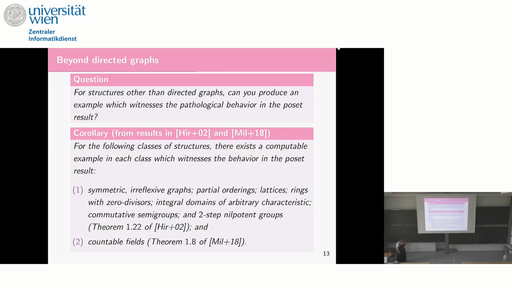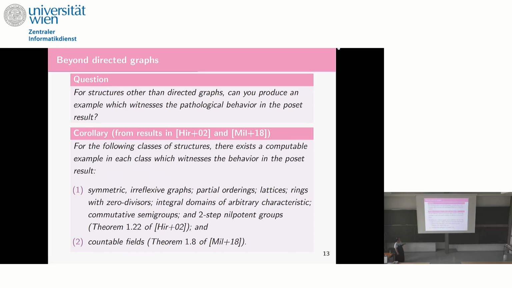This is really a corollary of some very well-known results already. For example, by the codings given in the Hirschfeldt, Khoussainov, Shore, and Slinko paper, you have these classes of structures that are complete in the sense that you can code directed graphs with certain properties into them, and they will retain the same computability theoretic properties as the structure you started with.